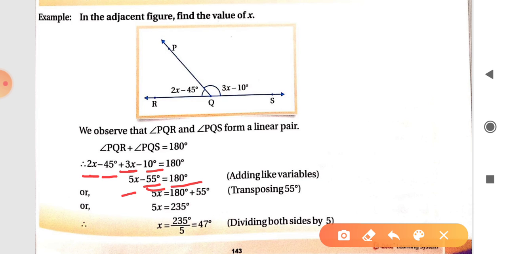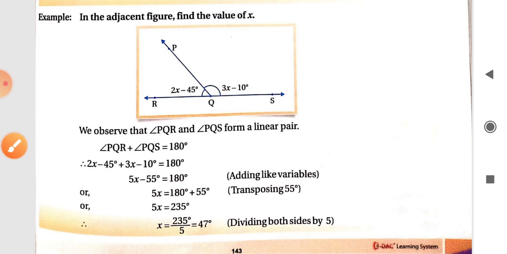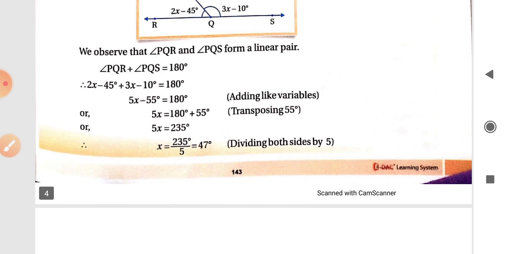Then transpose minus 55, it is plus 55. 5x is equal to 180 plus 55, that is 235. Then x is equal to 235 over 5. Transpose 5, then we get x is equal to 47. So the value of x is 47 degrees.